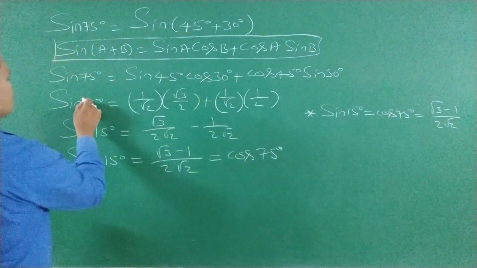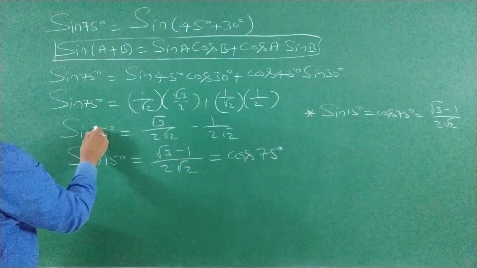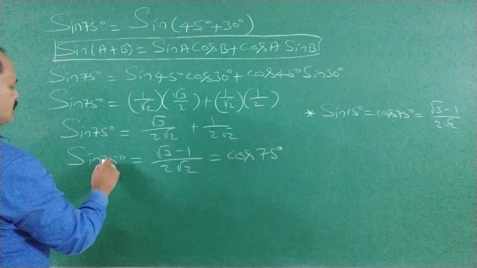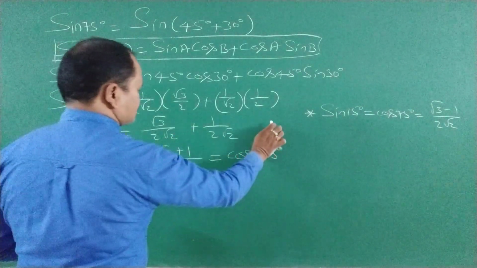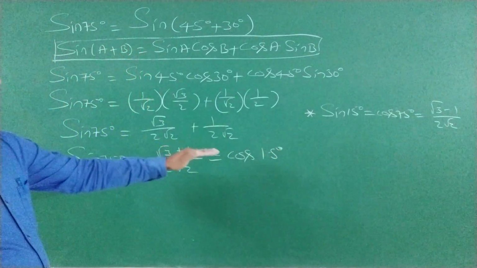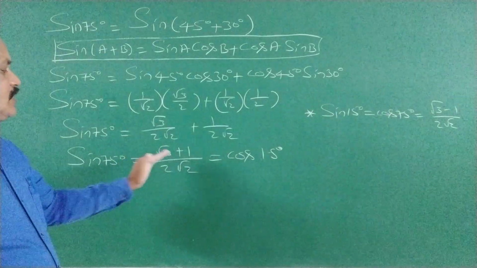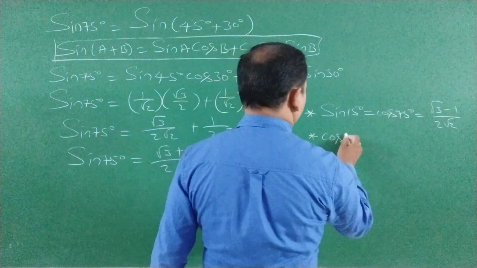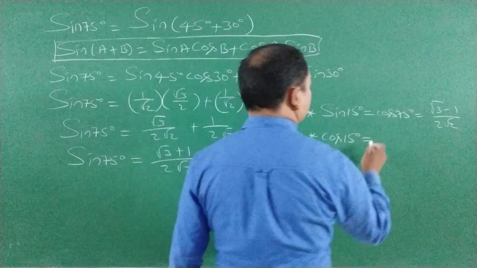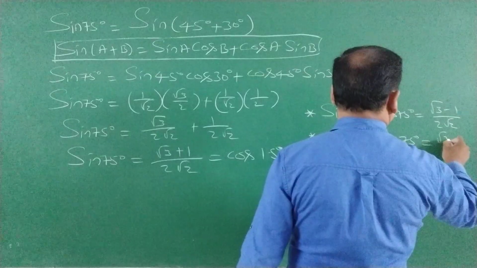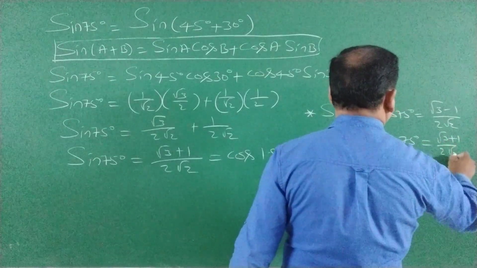Since sin 75 is equal to cos 15 is equal to (root 3 plus 1) by 2 root 2. That's why cos 15 degrees is equal to sin 75 degrees is equal to (root 3 plus 1) by 2 root 2.